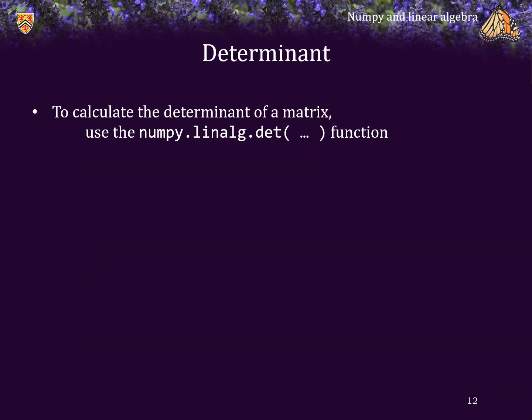Now, to calculate the determinant of a matrix, we use the det function in the linalg subpackage of Numpy. So, for example, we can calculate the determinant of the matrix A. Now, you will recall that the determinant of the matrix A would be the product of the diagonal entries, as A is an upper triangular matrix. The diagonal entries were 1, 1, and -2, and thus the determinant is -2.